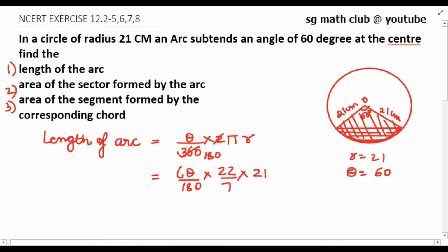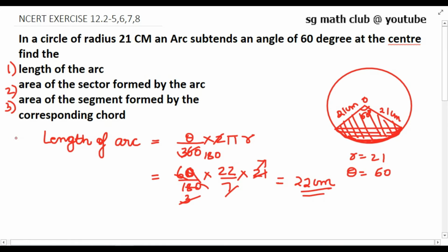Now when you cancel, we have 3, and 7 and 7 you can cancel. So the length of this arc is 22 centimeter.